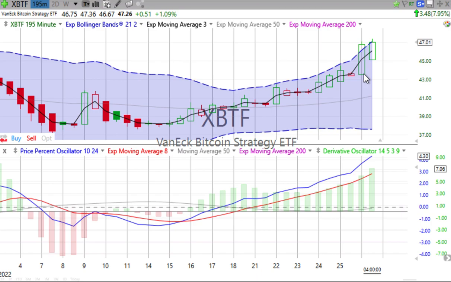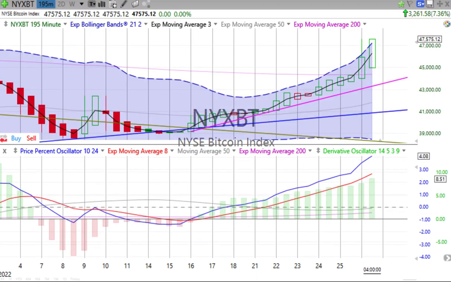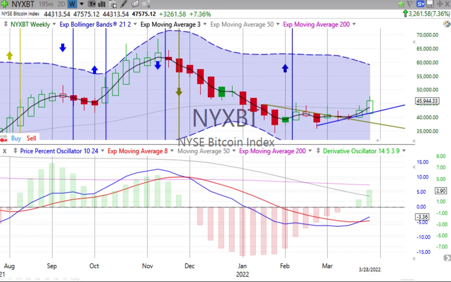We can see where things really popped up in the morning and looks like managed to move a little further up in the afternoon. Derivative oscillator spiking up, price percent oscillator heading up. Very nice, very, very nice. So Bitcoin getting me quite excited.